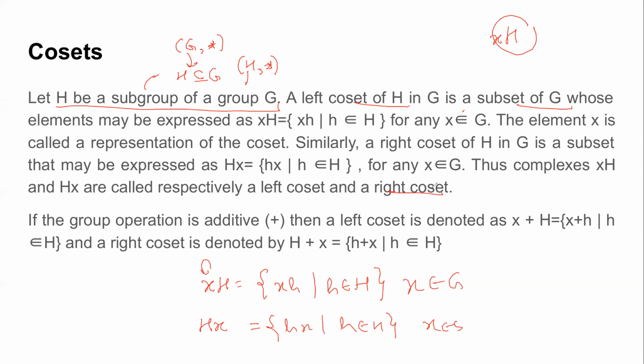If you consider the addition operation, then it is a left coset if you add the element x before, and a right coset if you add the element x after. Those sets which are generated after prefixing or postfixing elements from the main set are known as the left and right cosets of a given group.